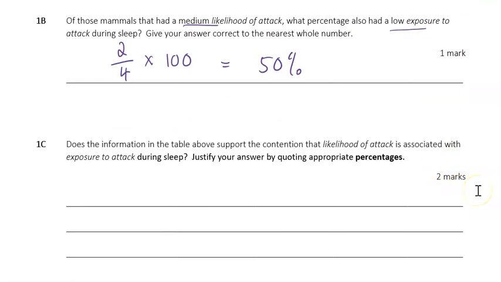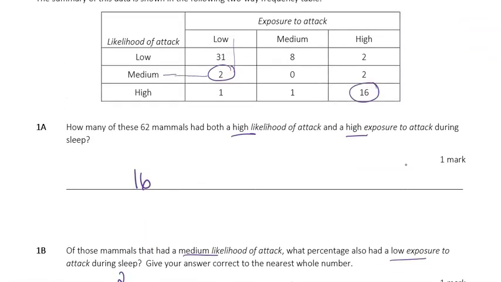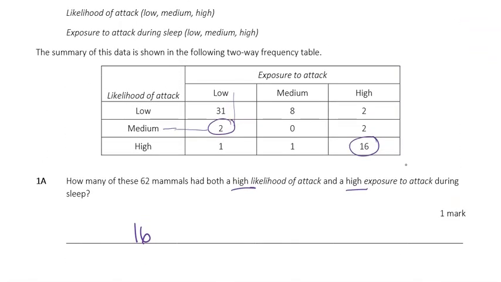1C. Does the information in the table above support the contention that likelihood of attack is associated with exposure to attack during sleep? Justify your answer by quoting appropriate percentages. So before we can do that, we need to convert our table from raw data into percentages. And remember, when you are converting into percentages, you are looking at the column total.